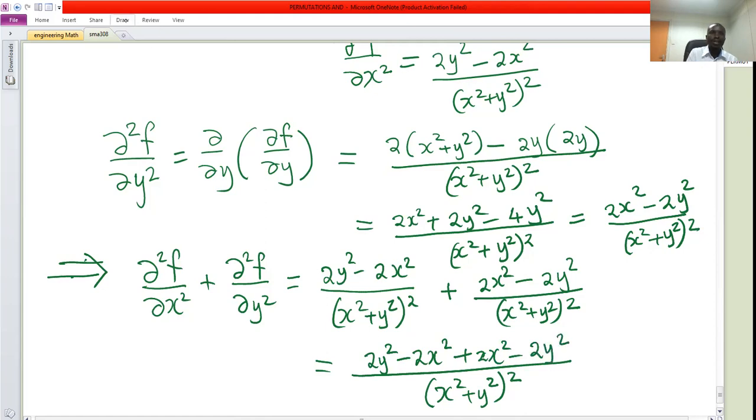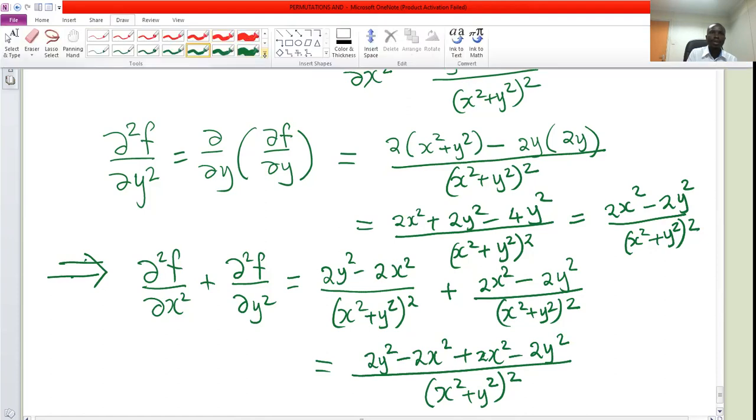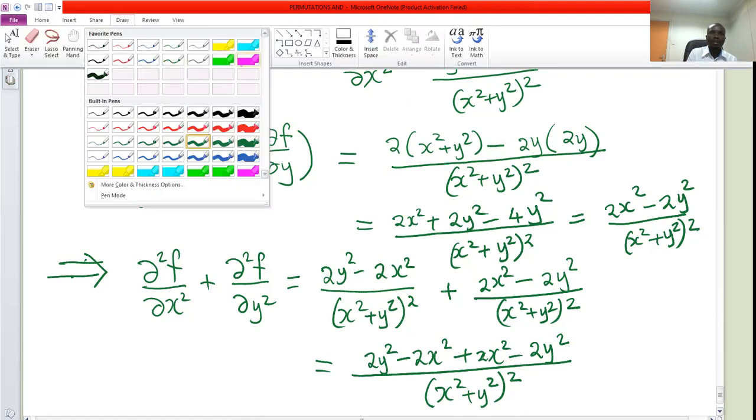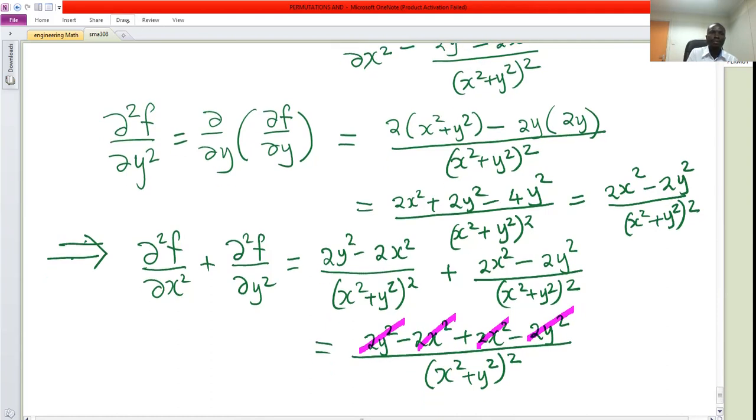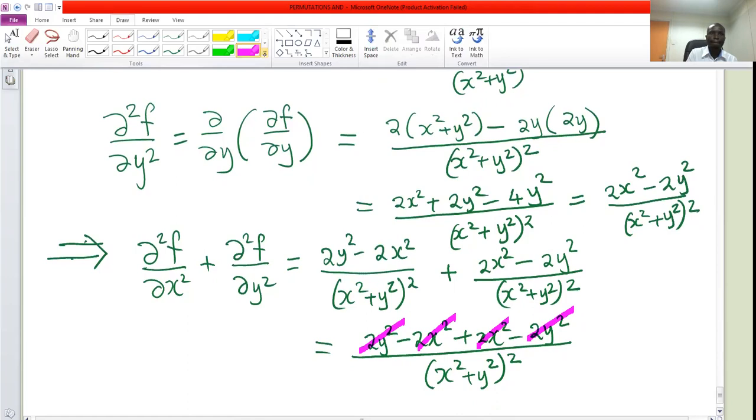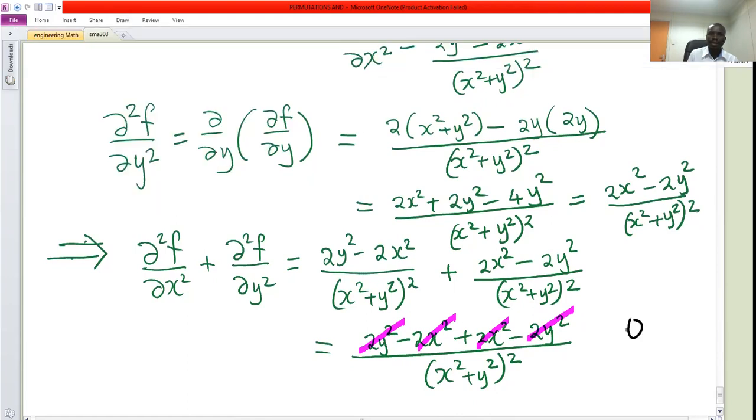And with this new expression, it should be clear that 2y squared minus 2y squared is 0. 2x squared minus 2x squared is 0. So therefore, the numerator is just 0. 0 over the denominator, which is x squared plus y squared, squared.